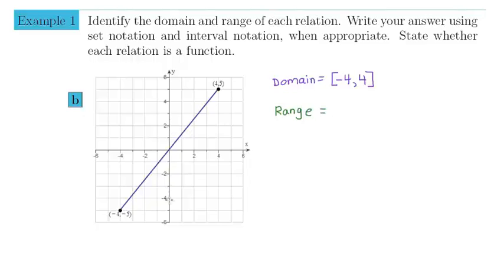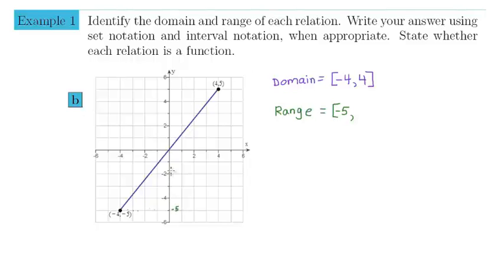So let's look at the smallest y value first. Again, take and consider this point here, which ends the relation, and bring it over and notice that it corresponds to -5 on the y-axis. That's the lowest that this graph goes. It doesn't go any lower. So our range starts at -5 on the y-axis.